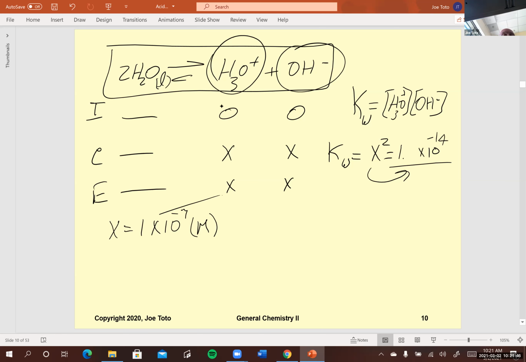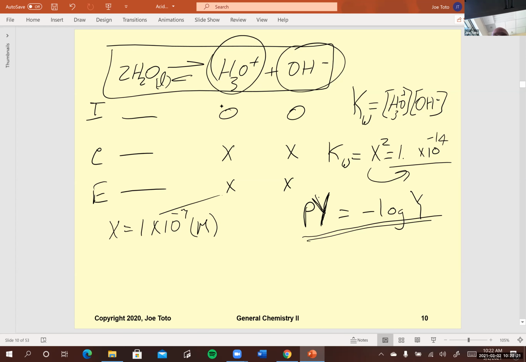Now, I have the concentrations of my hydronium and hydroxide. And so now it's a good time to introduce the P-anything formalism. pY equals minus the log of Y. It's P anything equals minus the log of that thing. This is a defined function.